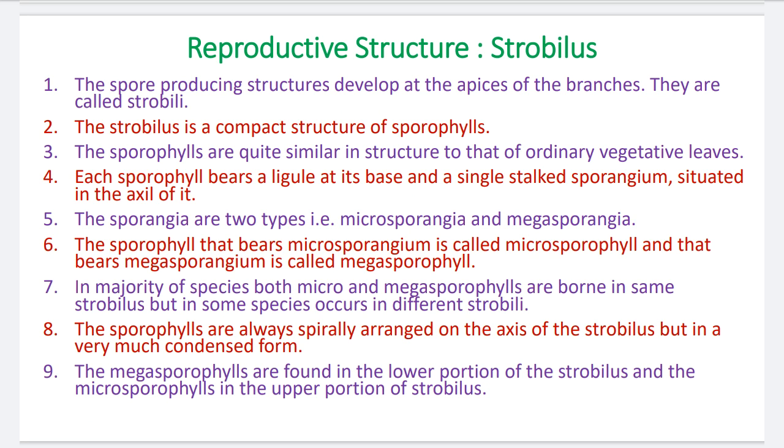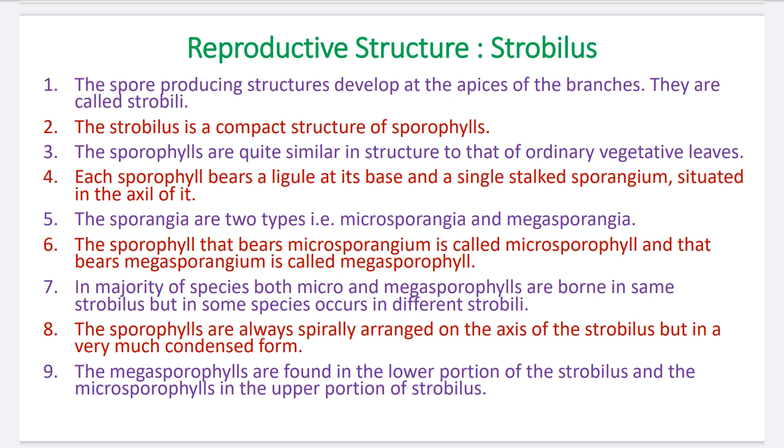Number 6, the sporophyll that bears a microsporangium is called a microsporophyll, and the one that bears a megasporangium is called a megasporophyll. As you know, the spore producing structure is called the sporophyll. A sporophyll that produces a microsporangium is called a microsporophyll, and one that produces a megasporangium is called a megasporophyll.